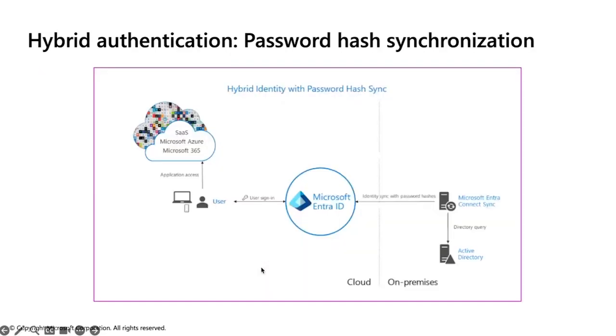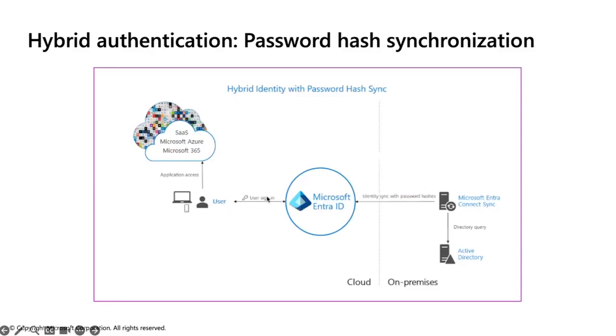Now, when we talk about the hybrid model where you are using the Microsoft Entra Connect Sync tool to sync my on-prem Active Directory to the cloud, we can sync not only the objects but also the passwords, in hash format. In this situation, if the user is accessing cloud applications, the user will enter an ID and password, and that will be verified here.